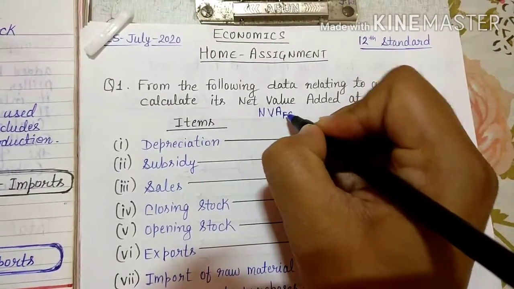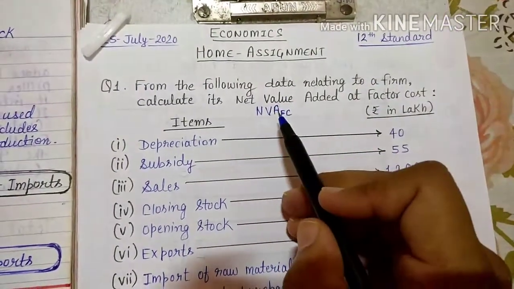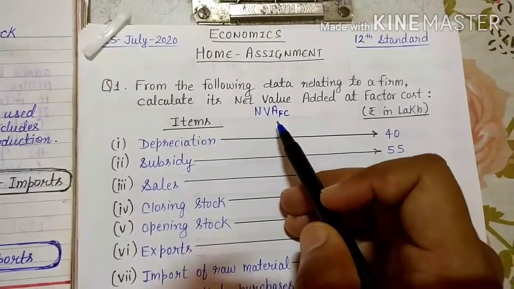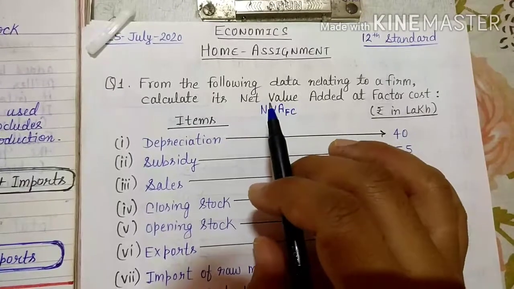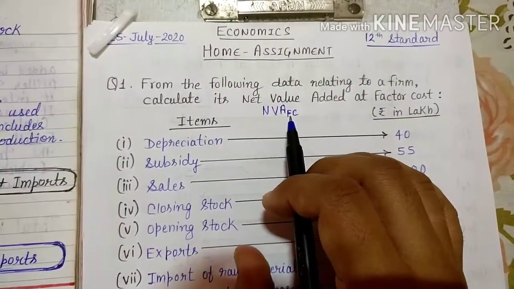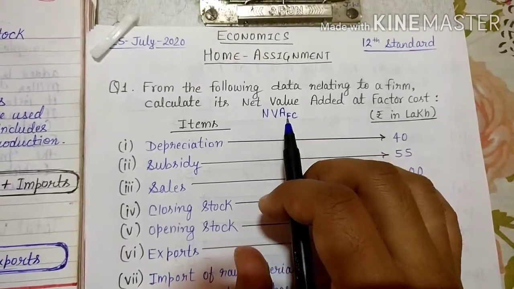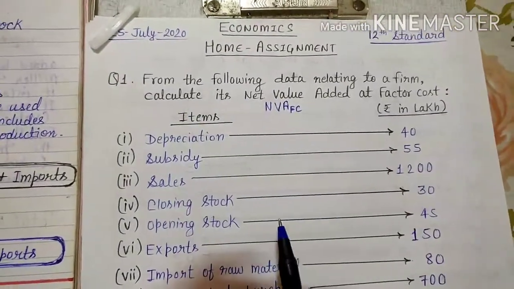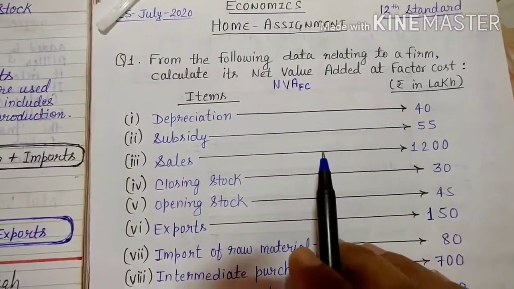And NVA at FC we can say NDP at FC also. There are no differences there, the same thing. Either you can say NVA at FC, or you can say NDP at FC. Okay. So we have to find out here what? NVA at FC.